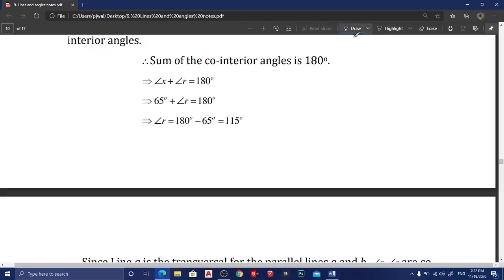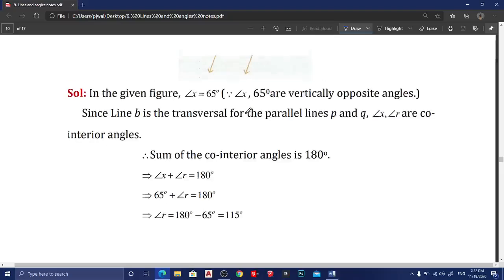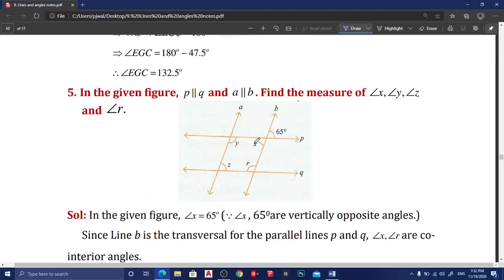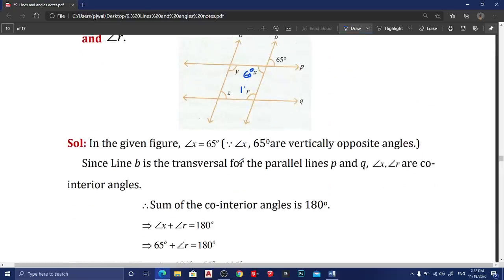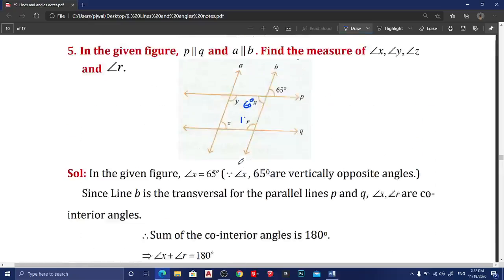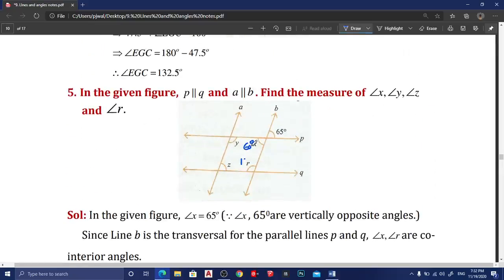Okay, so this is 180 minus 65, which is 115 degrees. This is not 65 degrees. Now you know these two angles.